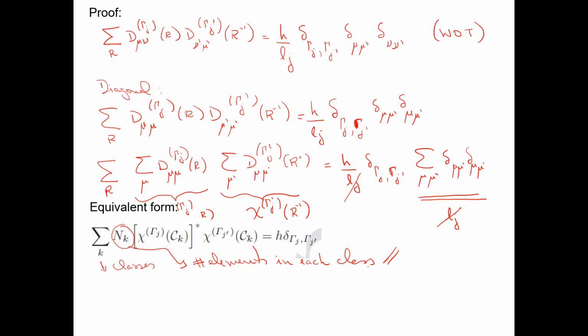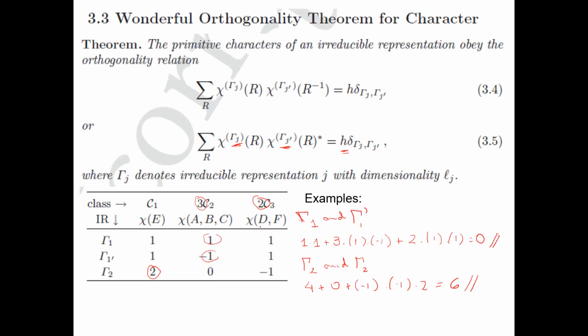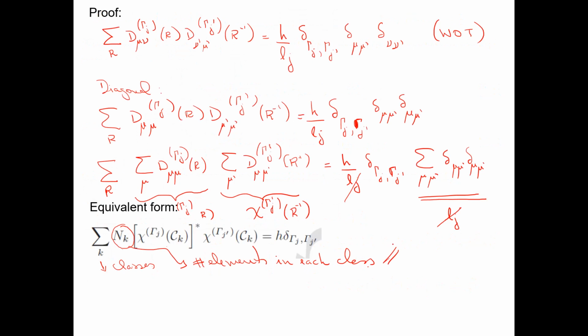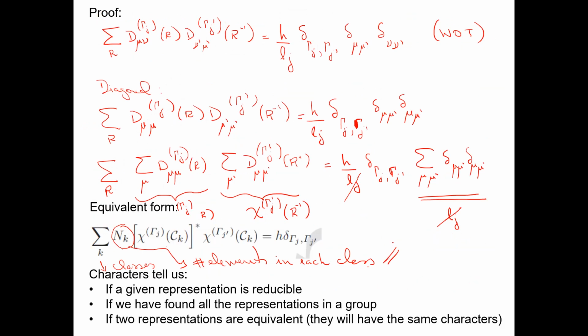Alright. So this is basically what I did in this example. You see, I multiplied by the number of elements in a class whenever that was appropriate to get the final result. Okay, so this is a very important theorem, as I said. Characters will tell us if a given representation is reducible, because otherwise it will not satisfy this theorem.